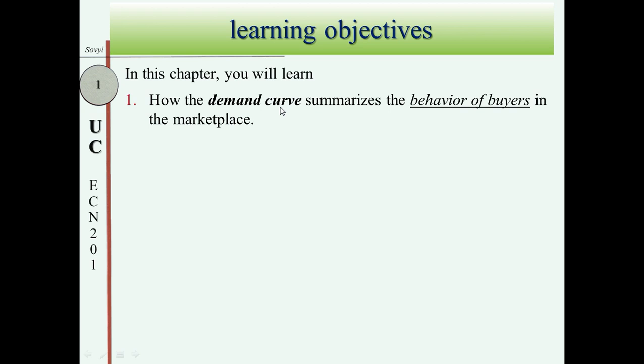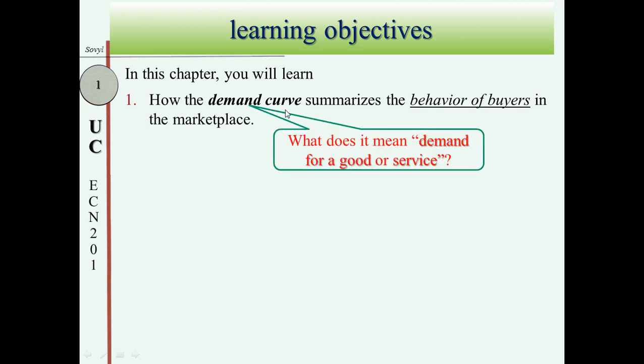Before you understand what the demand curve is, you should first understand demand for a good or for a service. So what does it mean, demand for a good or for a service? If you understand demand for a good or service, you can get the demand curve. If you understand the demand curve, you can answer this question.